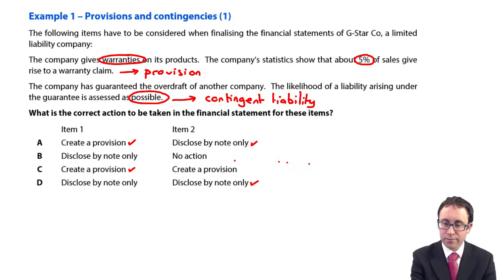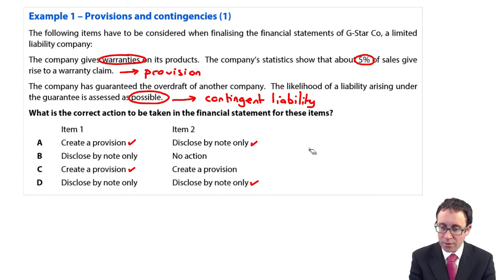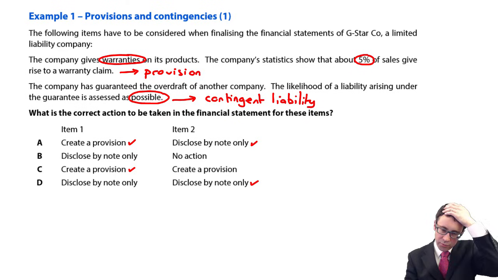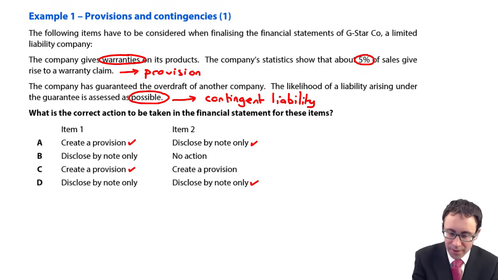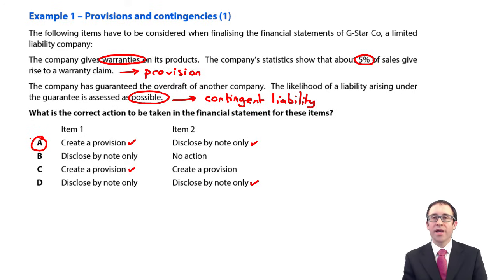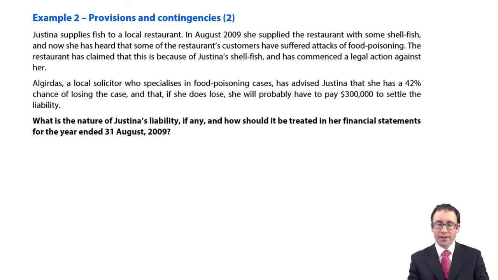There we go. So that's the question. What's the answer? What have we got? Which ones have we ticked both for? A. Okay. Create a provision and disclose by a note only. Okay. So answer A. Read the question carefully because that should be one that you are looking to get correct.